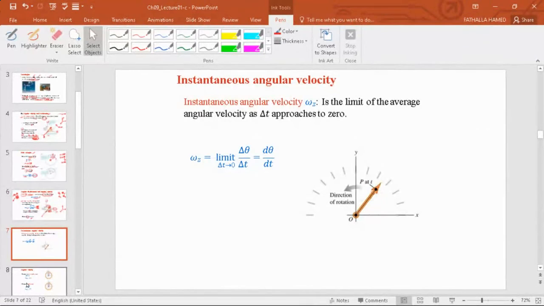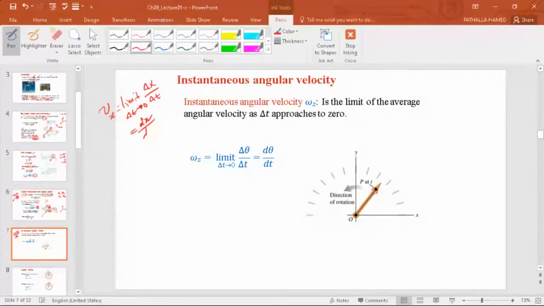Now, as we did in chapter number 2, when we said that vx should be the limit as delta t goes to 0 of delta x by delta t, and we said this is equal to dx by dt, we're going to do the same thing here.